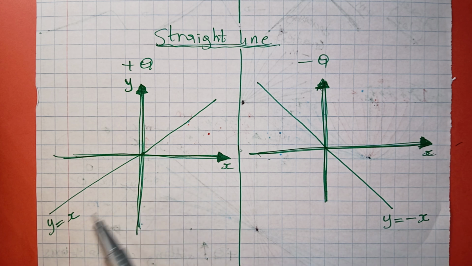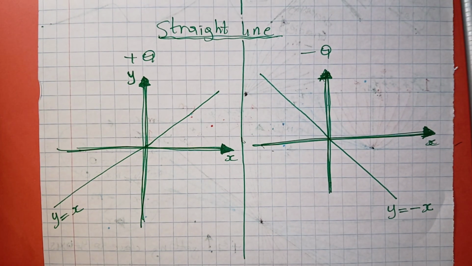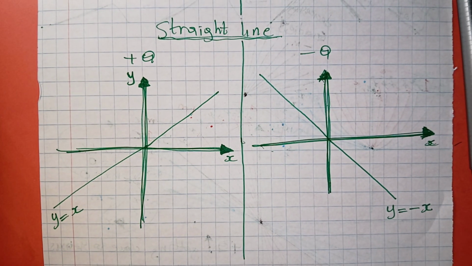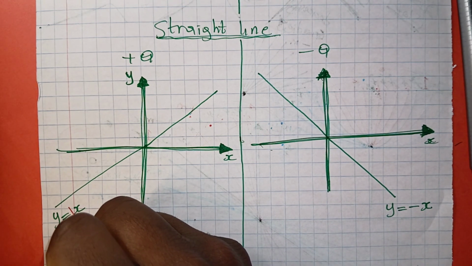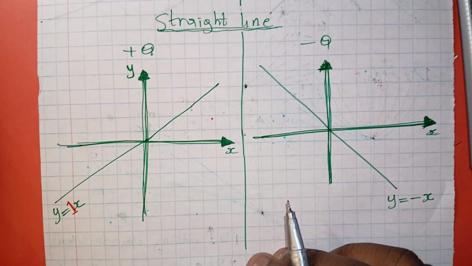Here I'm given this, where the gradient is equal to what? It's invisible one.